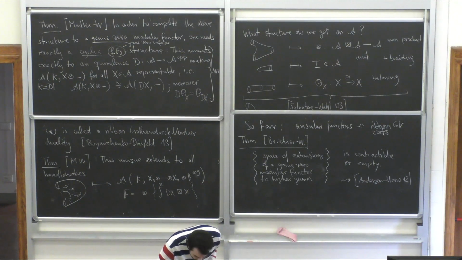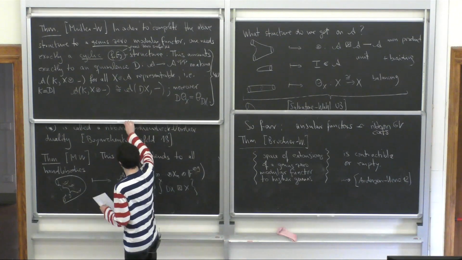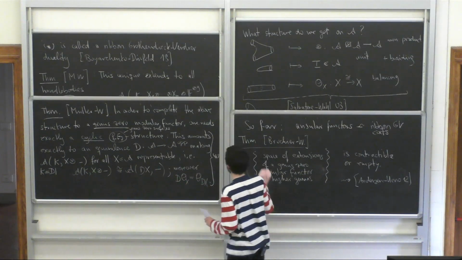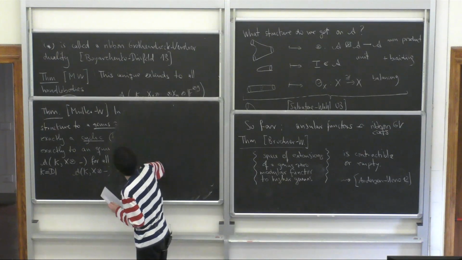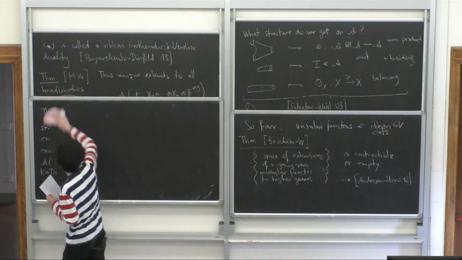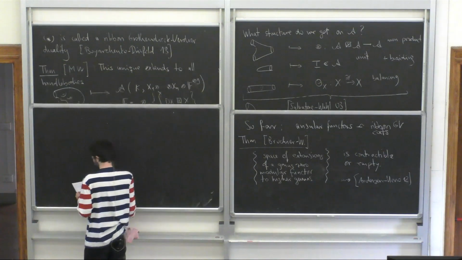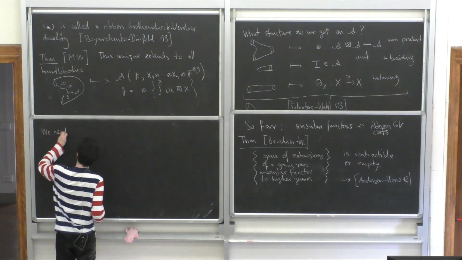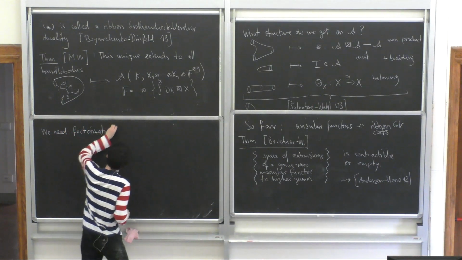Which is, of course, good, because now we can ask what property we need to get the extension. And for this, we need factorization homology.